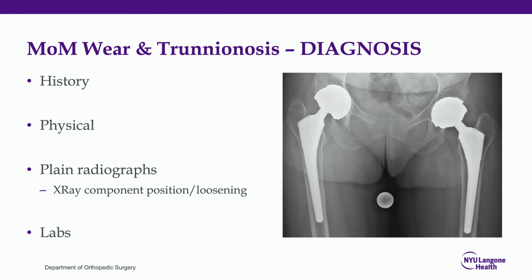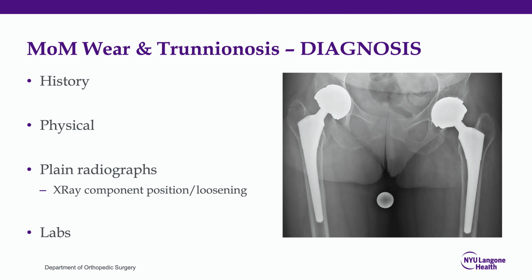The diagnosis of metal problems, again, goes from your history to your physical examination to your plain radiographs to your labs. On history, it's important that these patients often have more nebulous complaints. They're often buttock as opposed to your typical groin or thigh complaints, and so you don't want to just blow off these patients with buttock complaints. You really want to work them up.